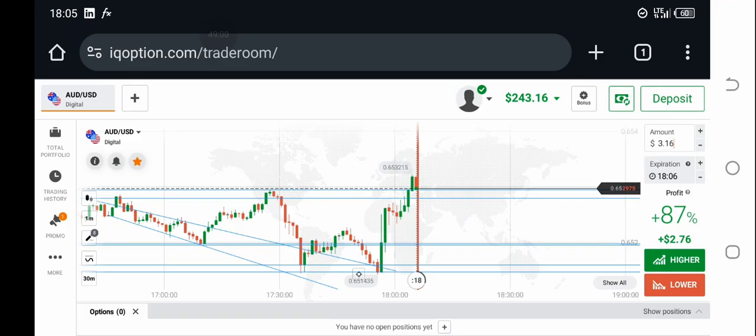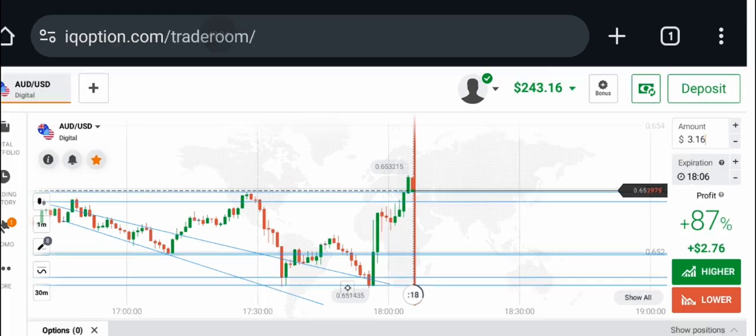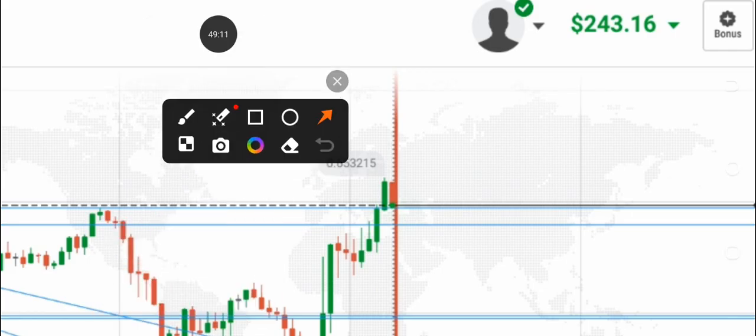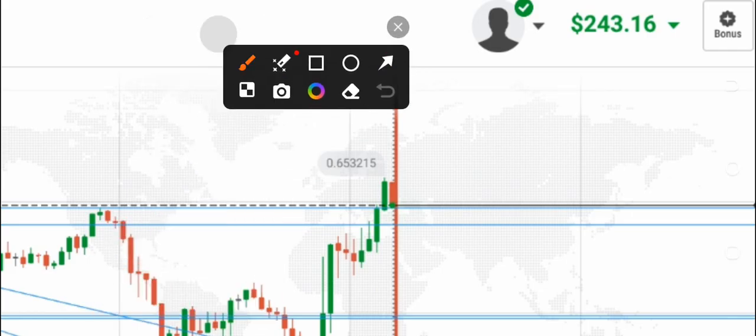I was waiting for the market to give me another good signal, because after that particular trade, you can see the buyers pushed the market, retraced with a strong bullish candlestick, and then it was after this breakout that we are seeing this bearish candlestick.